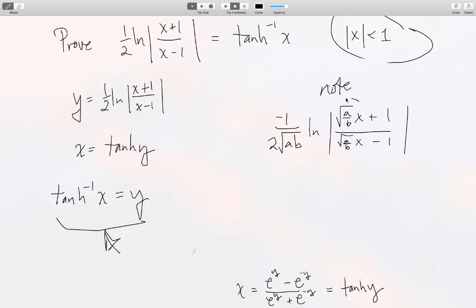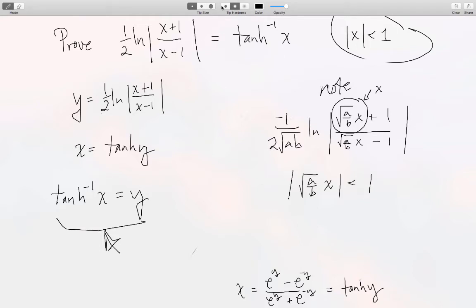So I'm going to, for the moment, rename this thing. This is the x. So I really need to say that the square root of a over b x is less than 1, like that.